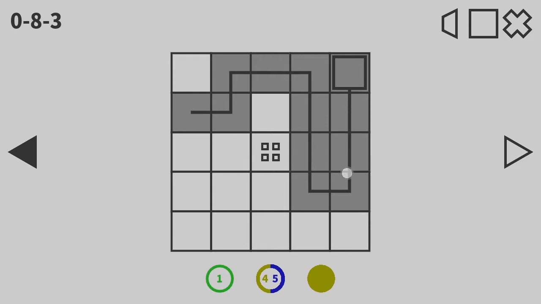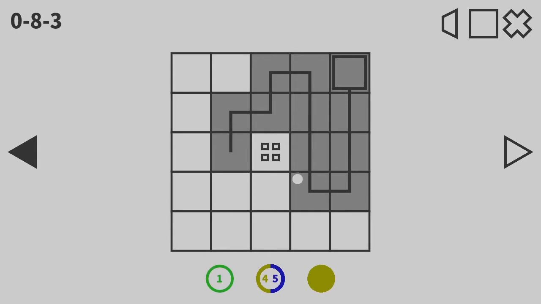Not good. As soon as that gap's there. I don't get it. I don't get it at all. How could this possibly be a rule?